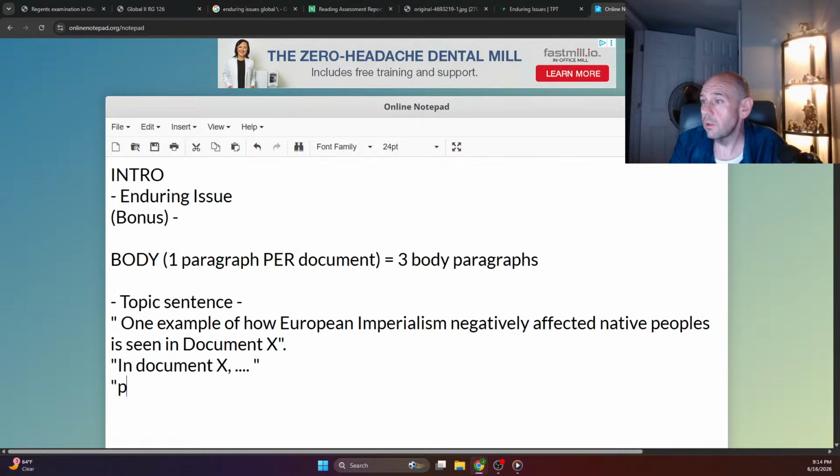So, something like, let's pretend this was about document 2, just to go ahead and give an example. In document 2, we have the Amritsar massacre in India.